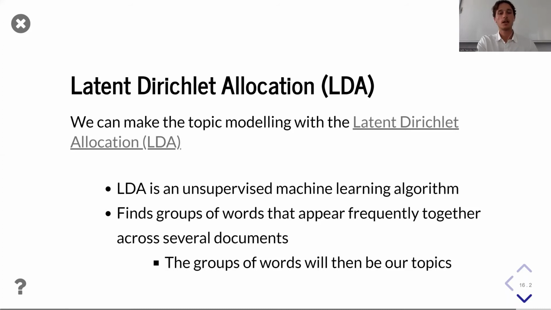The groups of words that appear frequently together will then be our topics. And this is done without us as a human supervising which words will be in which groups. This is only done by the algorithm, and you will see that it actually does quite a good job anyway, even though we are not specifying any topics beforehand.